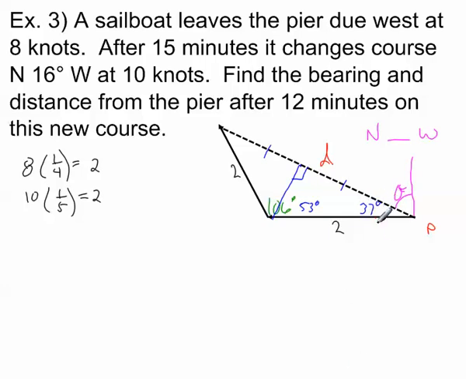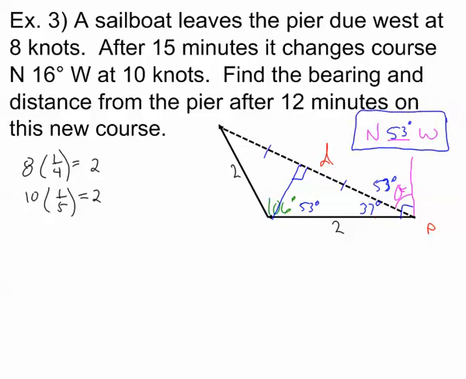And if that's 37 degrees, my theta would also have to be 53 degrees, because here is another 90. So I've already got my bearing, north 53 degrees west, as one of my answers.